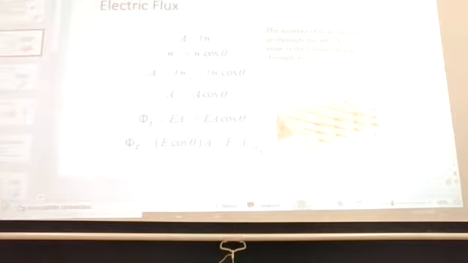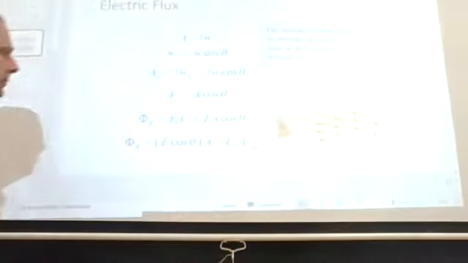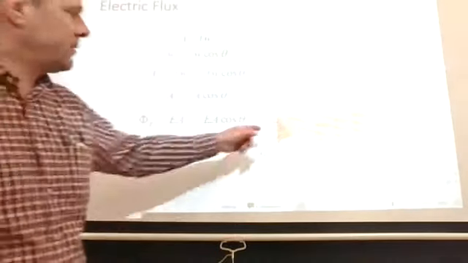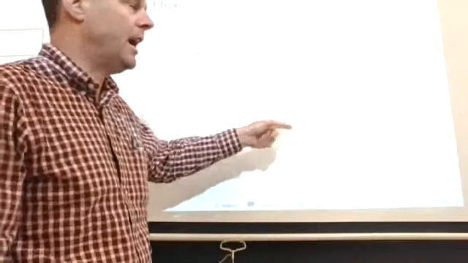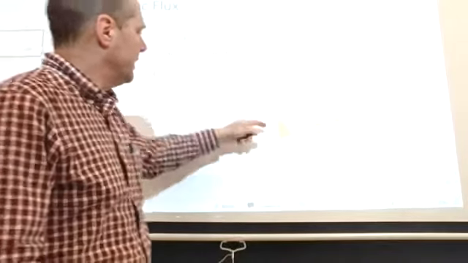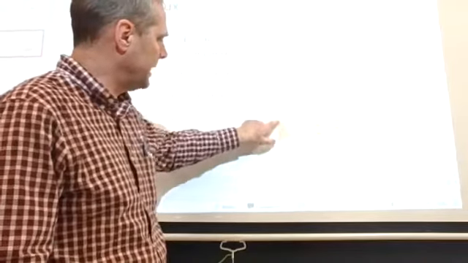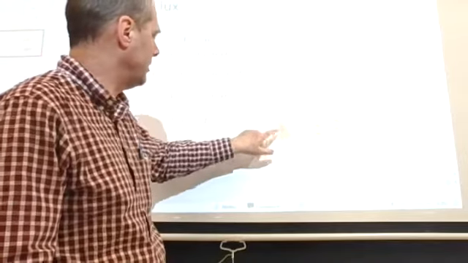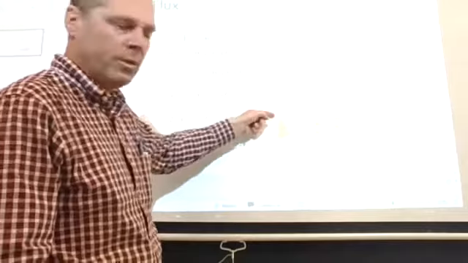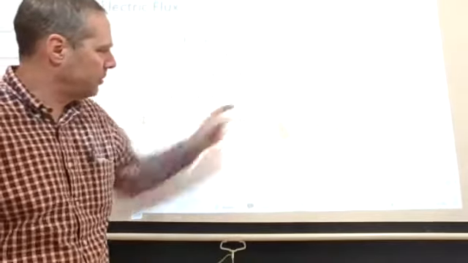Now the only reason this slide is here is to look at this picture, and then we'll look at the math. This basically gives the justification for the cosine of theta. Here we have field lines coming through this surface, and this surface is perpendicular to those field lines.